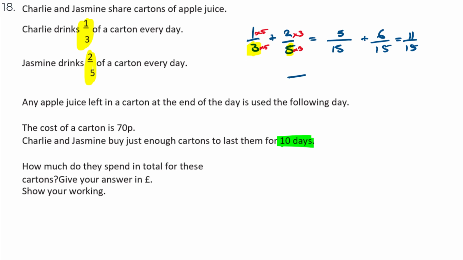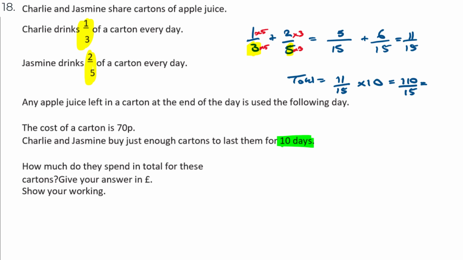So total is going to be 11 15ths multiplied by 10, isn't it? How are we going to do that? I suppose we could do 110 over 15. I quite like leaving things as top-heavy fractions, but I want to know how many cartons we've got altogether, so I need to cancel it down.